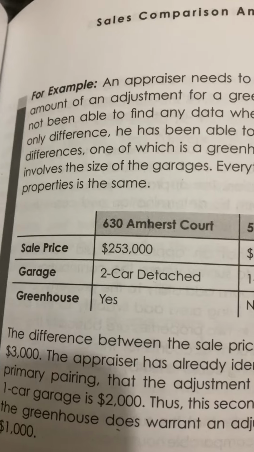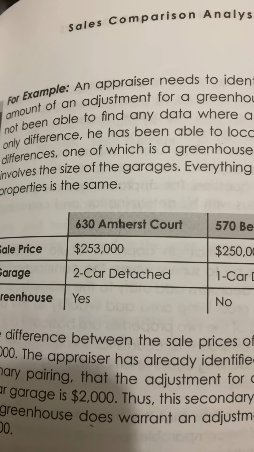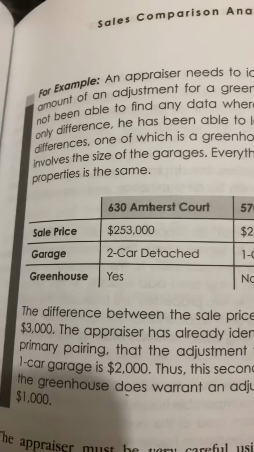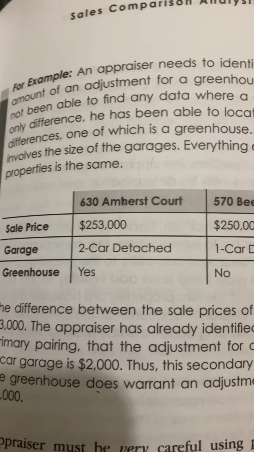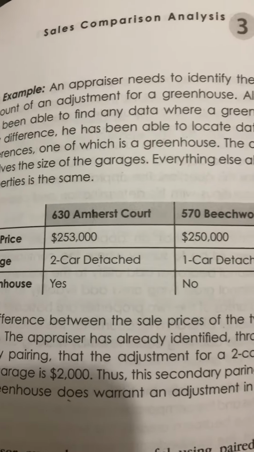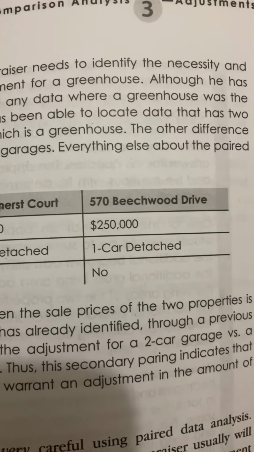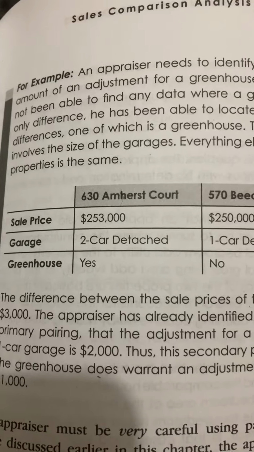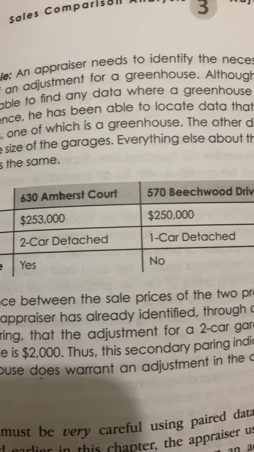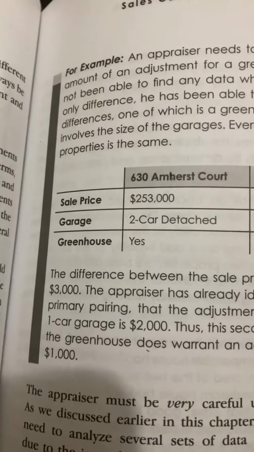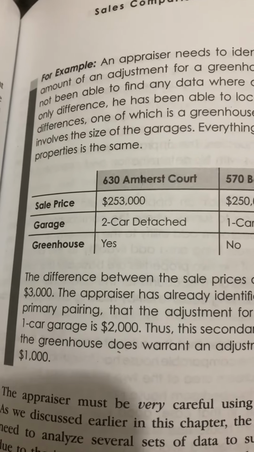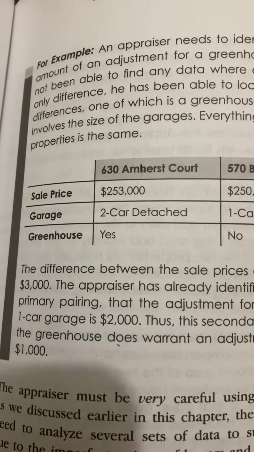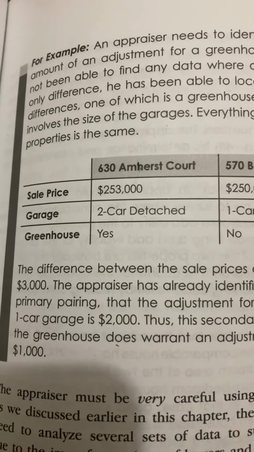Although he has not been able to find any data where a greenhouse was the only difference, he has been able to locate data that has two differences, one of which is a greenhouse. The other difference involves the size of the garages. Everything else about the paired properties is the same.